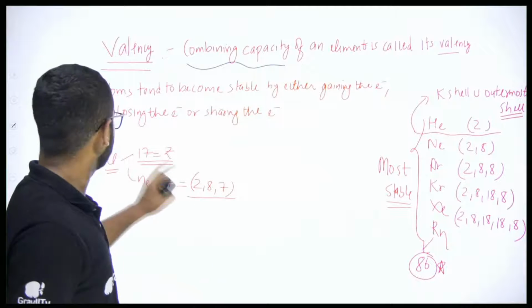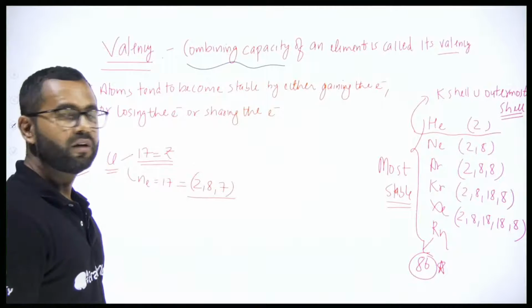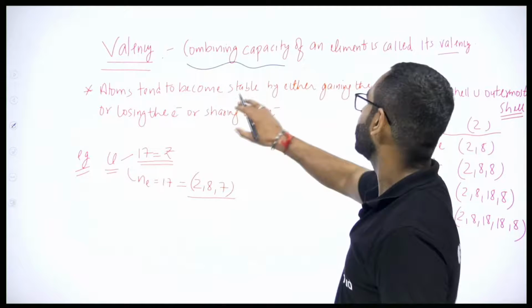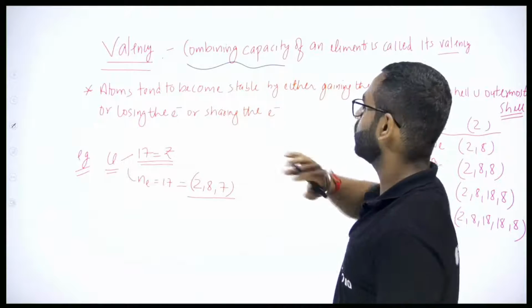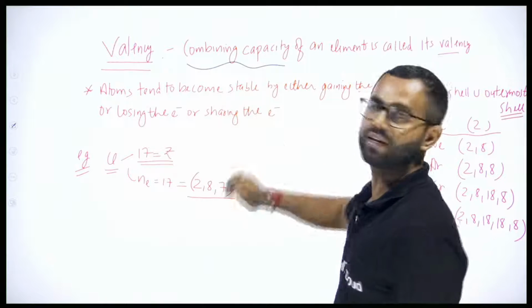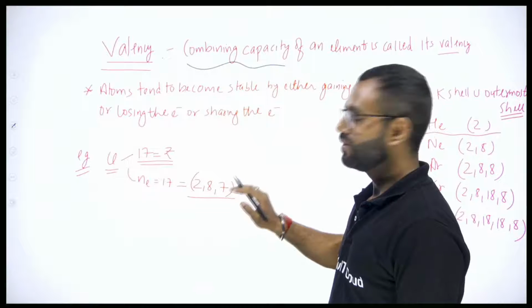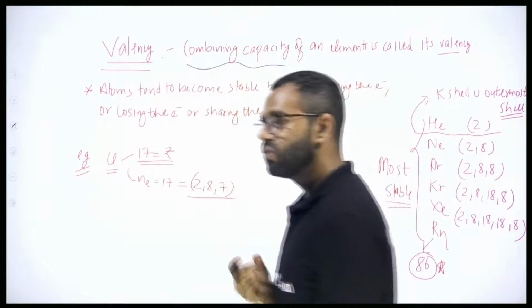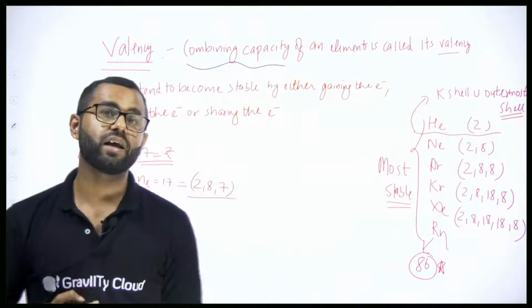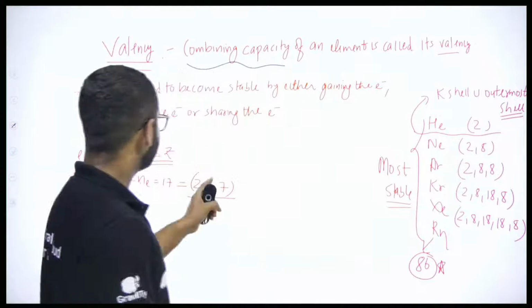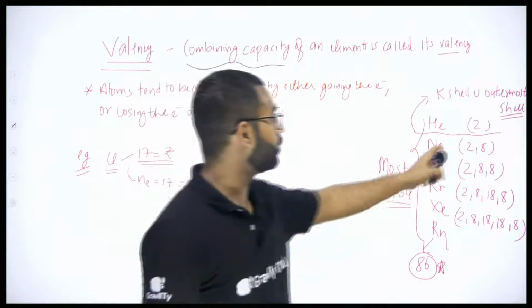This is the configuration of chlorine, 2, 8, 7. So I told you atoms tend to become stable either by gaining electrons, losing electrons, or sharing electrons. So tell me, what is more important for chlorine? Gaining 1 electron and becoming 2, 8, 8, or losing 7 electrons and becoming 2, 8?